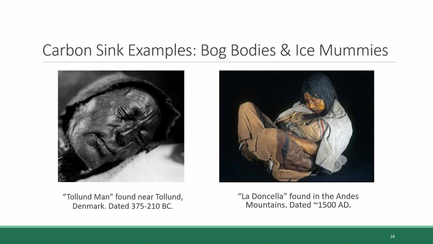On the left is the Tollund man, a bog body that was found near Tollund, Denmark, that dates to well over 2,000 years ago. On the right is La Doncella, a girl whose remains were recovered from the Andes, which is a very tall, cold mountain range in South America. So freezing operates the same way to sequester carbon and pull it out of the cycle by preventing biological molecules from decomposing.